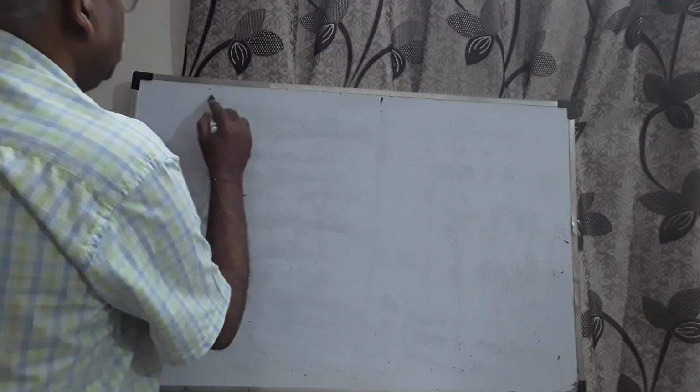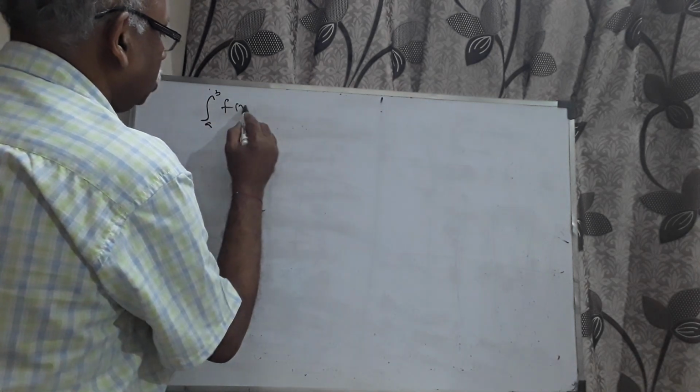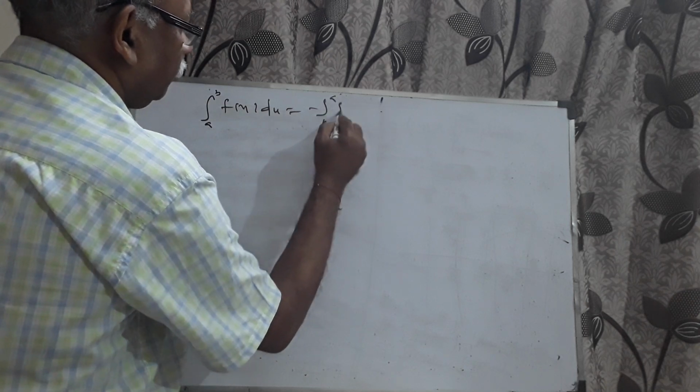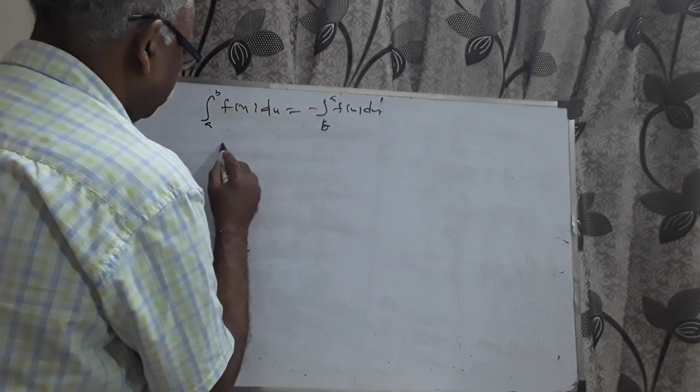If I interchange the upper and lower limits, you get a negative sign, that is, the integral from A to B of f(x) dx is equal to minus the integral from B to A of f(x) dx. This is also a simple proof.